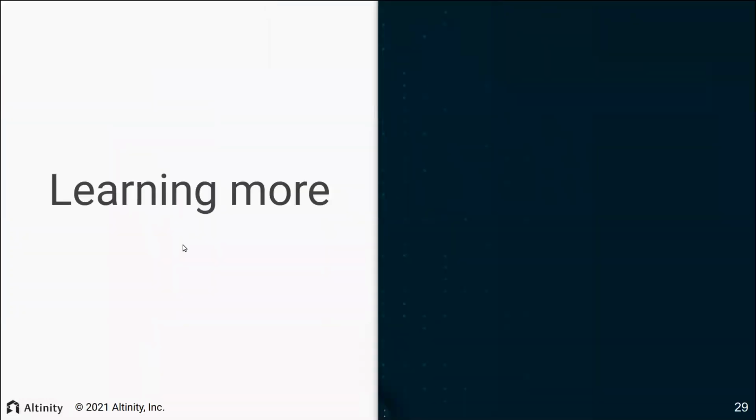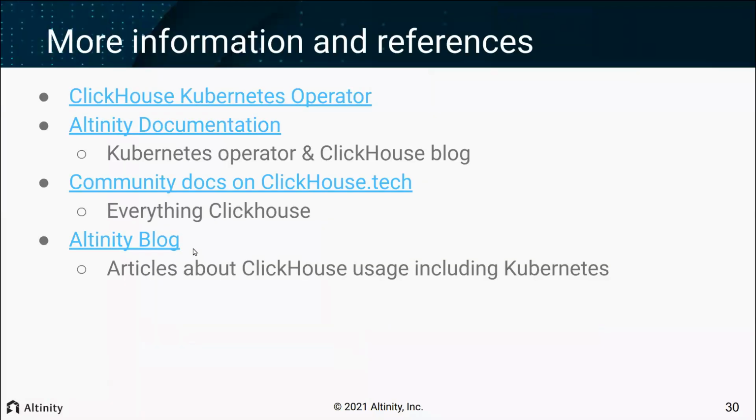So here's how to get more information. This will basically get you started. So you can go and look at the code for the ClickHouse Kubernetes Operator. Just Google that, or when you get these slides, the link will take you to the GitHub project. We also have Altinity documentation at docs.altinity.com. There is documentation for how to install the Kubernetes operator and bring up clusters in Kubernetes.